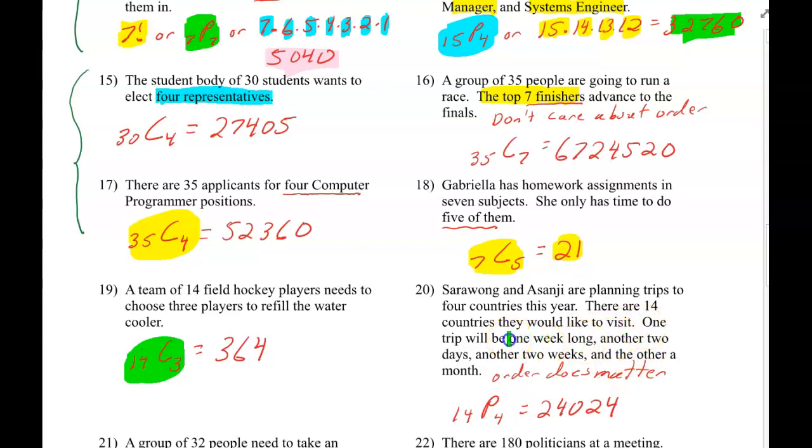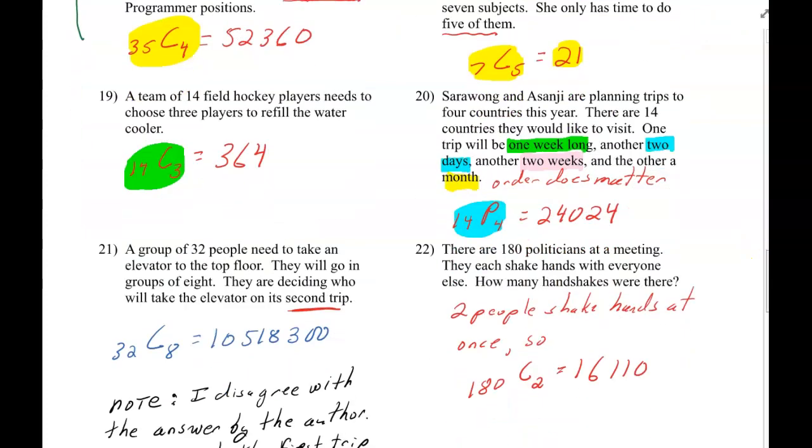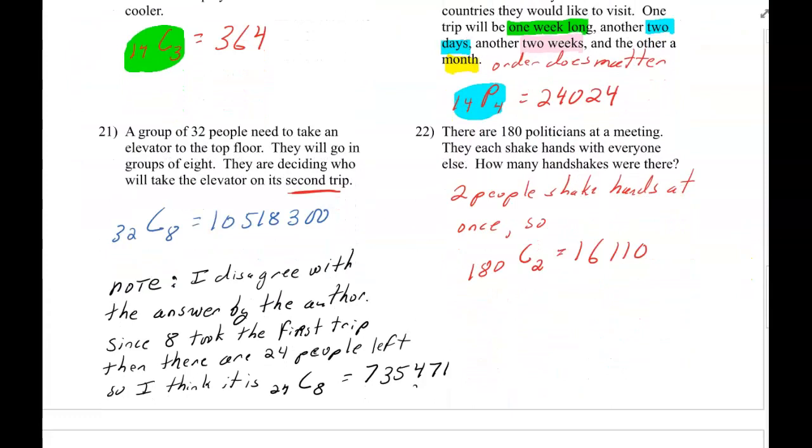If you go 1 week to Florida, then a 2-day vacation to St. Louis, a 2-week vacation to Hawaii, and then a month vacation to California, that would be different if you switched the order and went on a 1-week trip to St. Louis, a 2-day trip to Hawaii, a 2-week trip to California, and then a month trip to that other destination I had mentioned. So order does matter. So 14 permute 4.